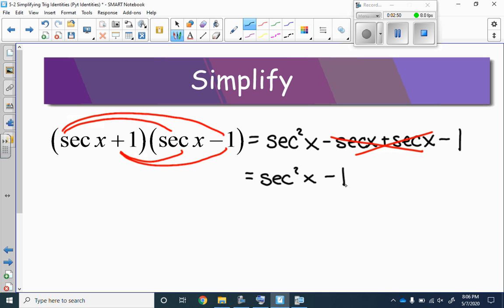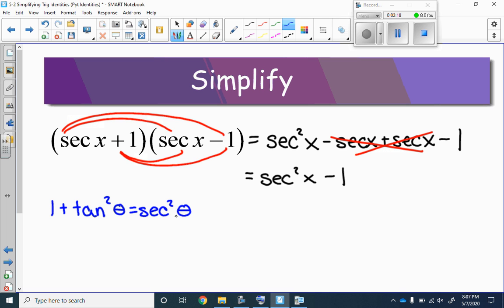Now, this can be broken down even further, because one of our Pythagorean identities can be rewritten to give us secant squared x minus 1. The one I'm looking at is 1 plus tangent squared theta equals secant squared theta.